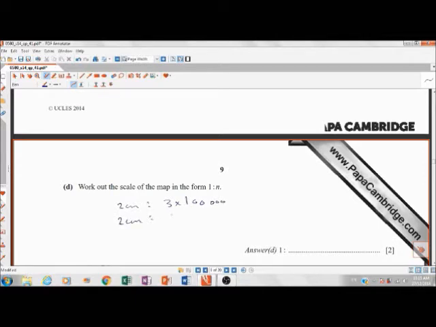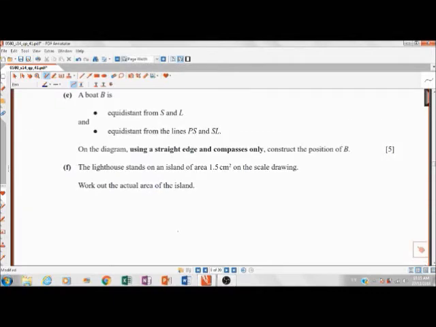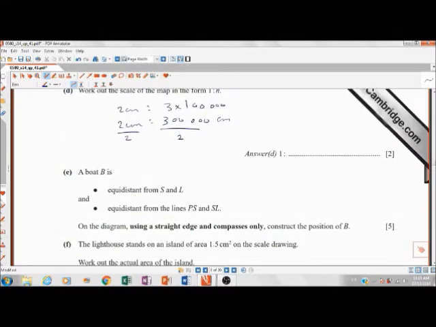And get 2 centimeters to 300,000 centimeters. They want 1, so I divide by 2 to get 1. So 1 centimeter to 150,000.